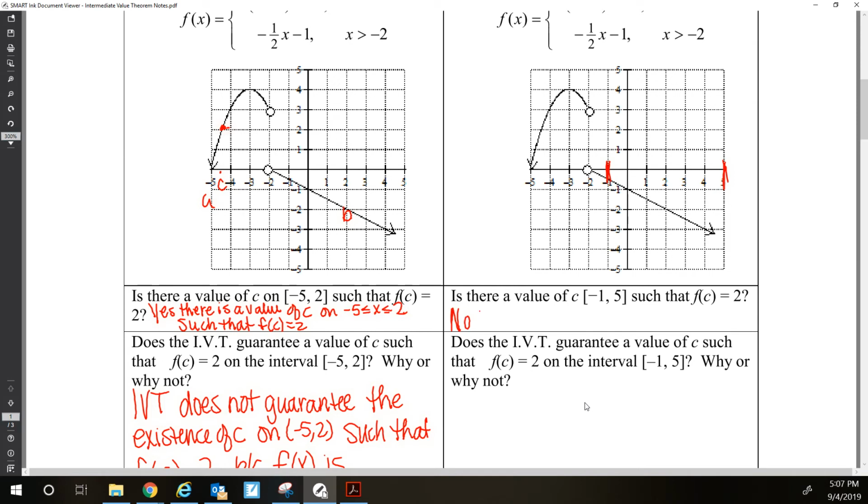No. All y values on the interval when x is -1 to 5 are negative or less than 0. So none exist such that f of C equals 2.